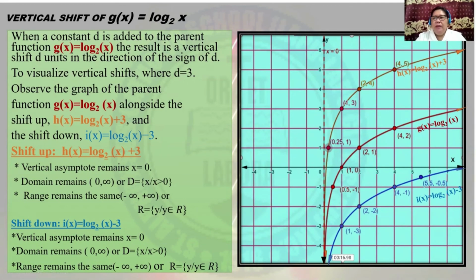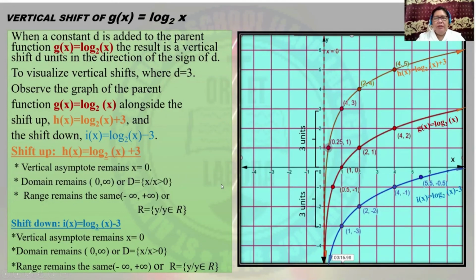So for h of x is equal to log x base 2 plus 3, all you have to do is simply move 3 units up. 1, 2, 3. And for i of x is equal to log x base 2 minus 3, simply move 3 units down.